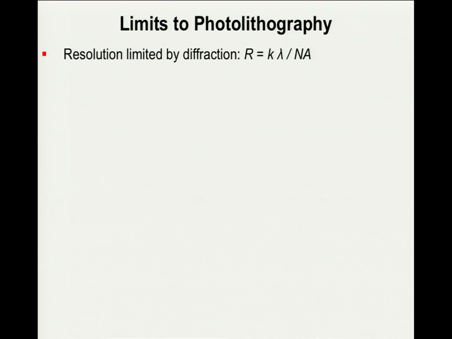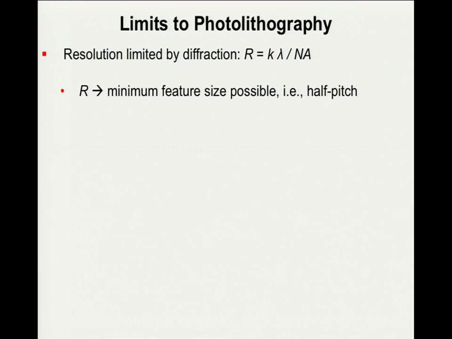But if we're using photons, there are many complications that arise, one of which is quantum mechanical. Photons diffract. When they go through an aperture, they diffract like a wave, and the image gets blurred. That is the fundamental problem, so the resolution is limited by diffraction. Resolution equals k lambda over the numerical aperture of the lens.